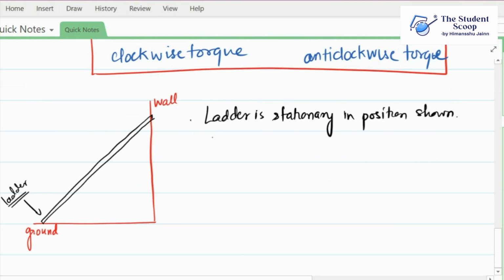The information is that the weight of the ladder is 50 newtons, and the length of the ladder is 4 meters.